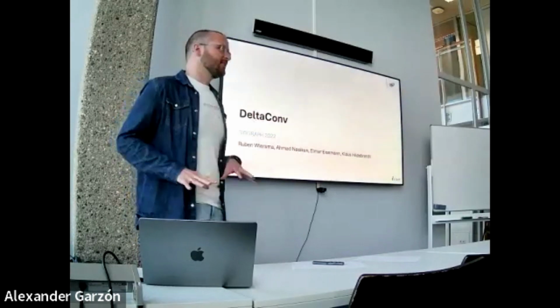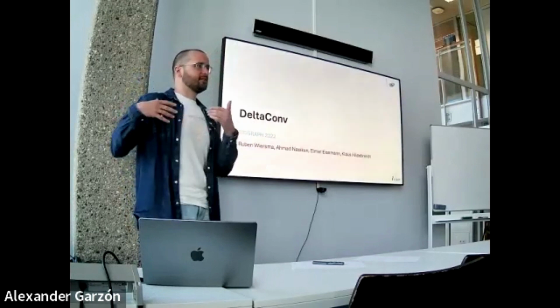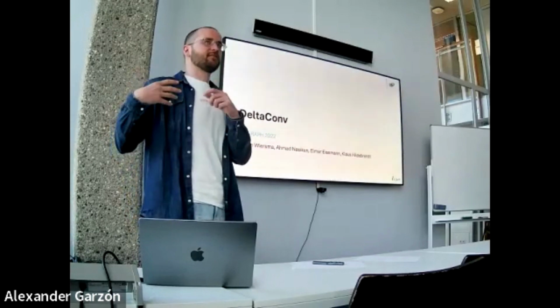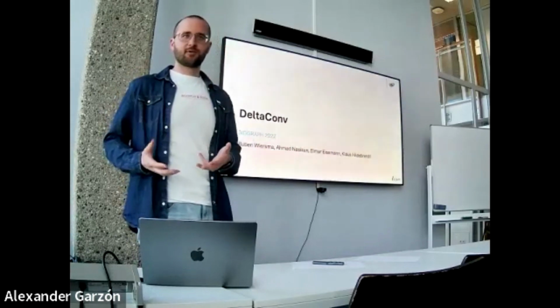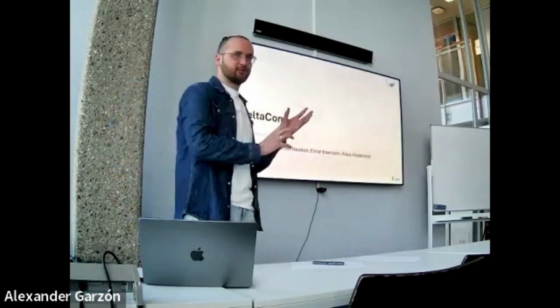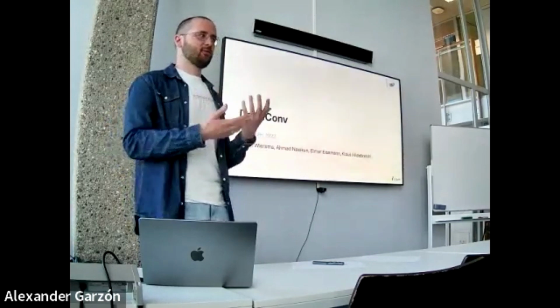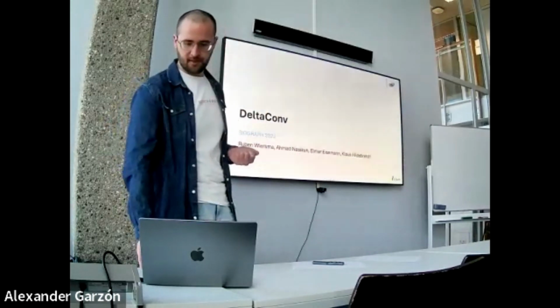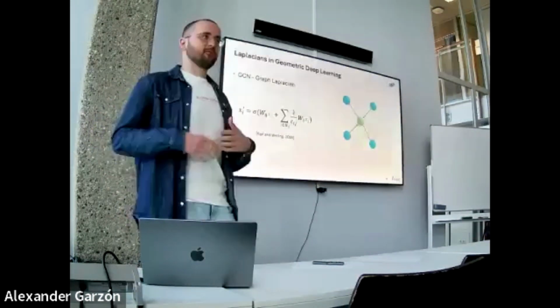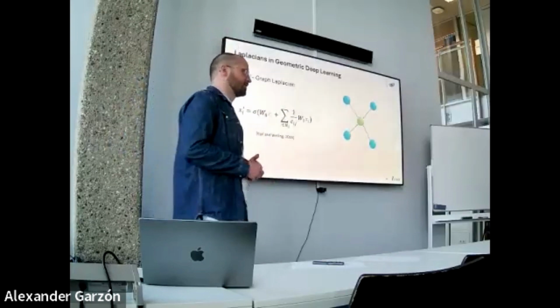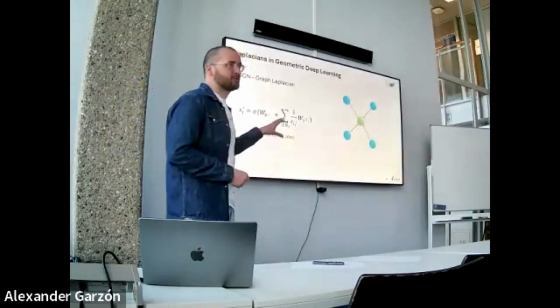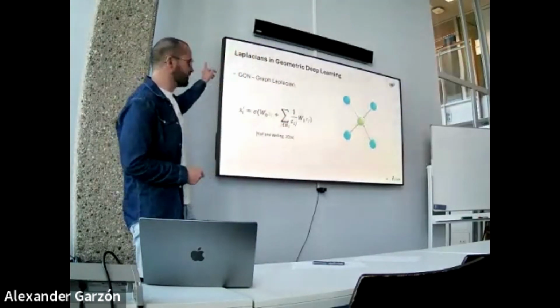Now, the idea that we start with is, rather than looking at a charting-based approach where we think of a filter moving over the surface, we consider operators as ways of formulating convolution. And operators are familiar to you if you've done some geometric deep learning before. An example of using operators in geometric deep learning is the Laplacian.